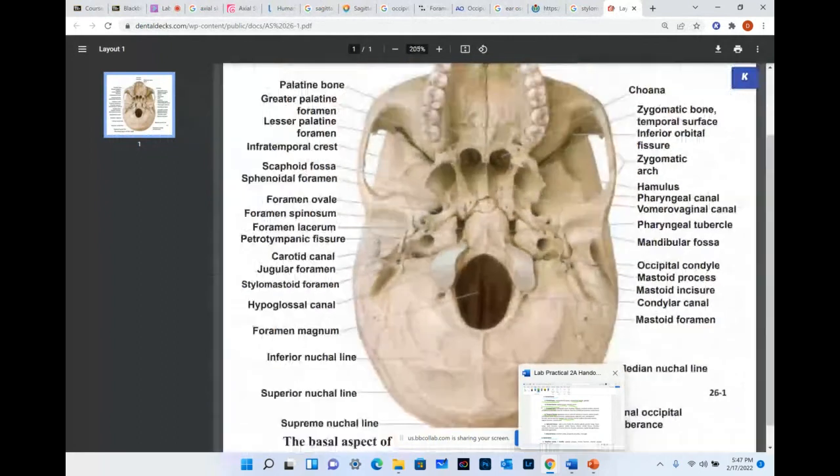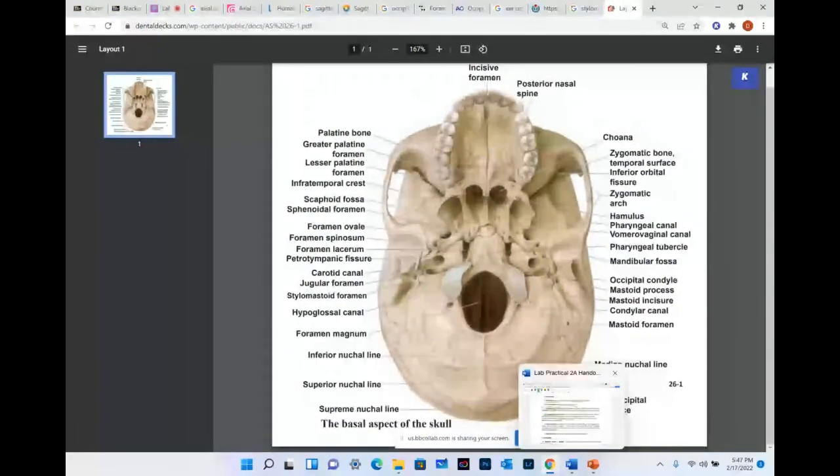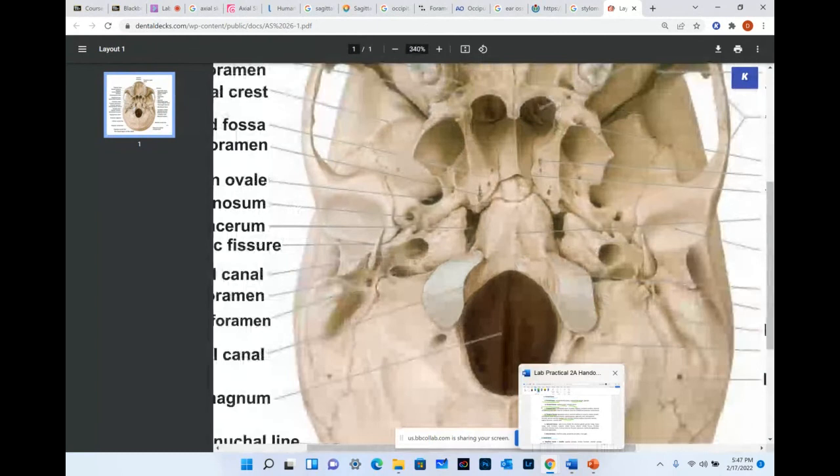Oh, this is a nice one. Okay. So here, let's see, this is your mastoid process. This is your styloid process, and this is your stylomastoid foramen.